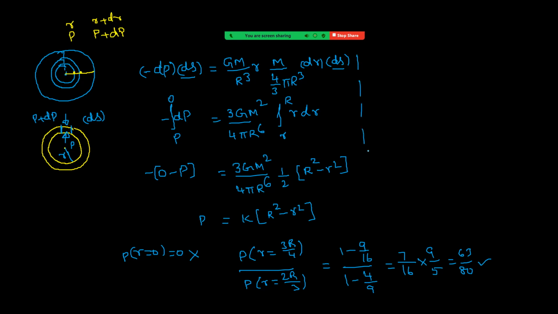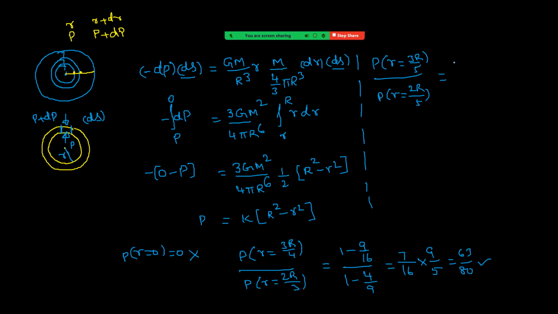Next. See the next option. Coming to the third option, pressure when R equal to 3r by 5 and r equal to 2r by 5.